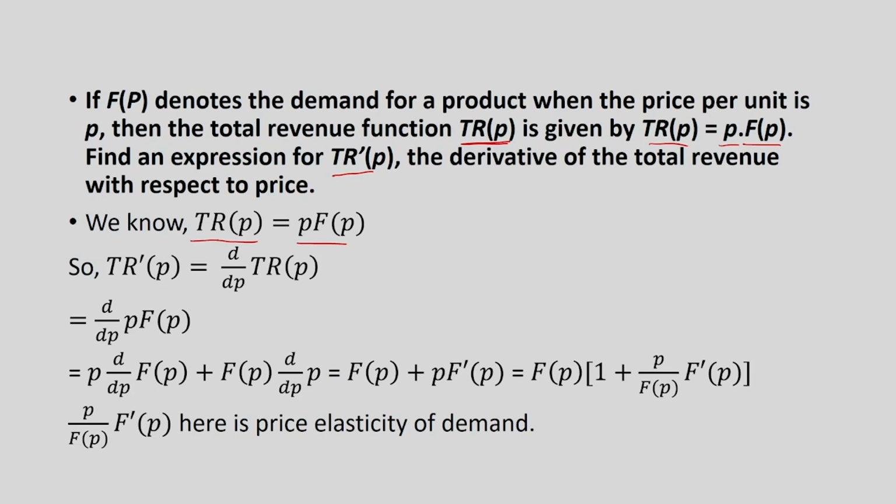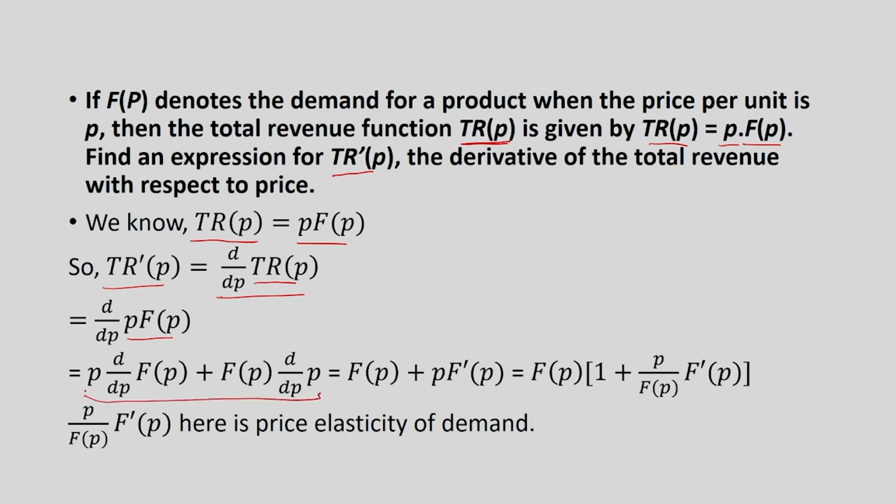So, we have to take the first derivative of total revenue with respect to price. So, that is what we are doing here, and instead of TR, that is total revenue function, we write it as p multiplied by f(p), demand multiplied by price. And then we are using simply the product rule in the next step. Okay.